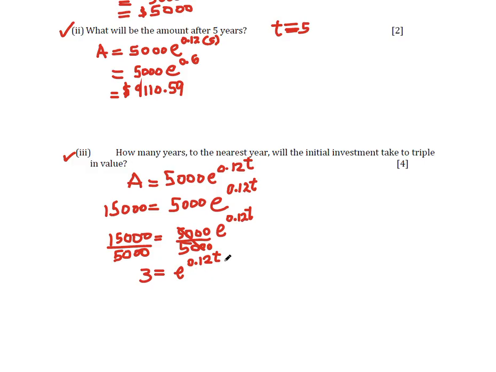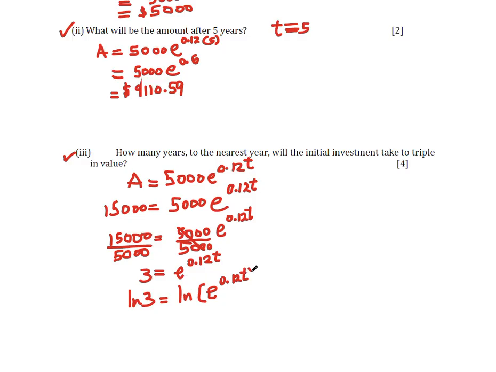So to get this power of 0.12 to come down to be a coefficient, what we're going to do is take the natural log, ln, of both sides of the equation. So we're going to take ln 3 equal ln e to the 0.12t.